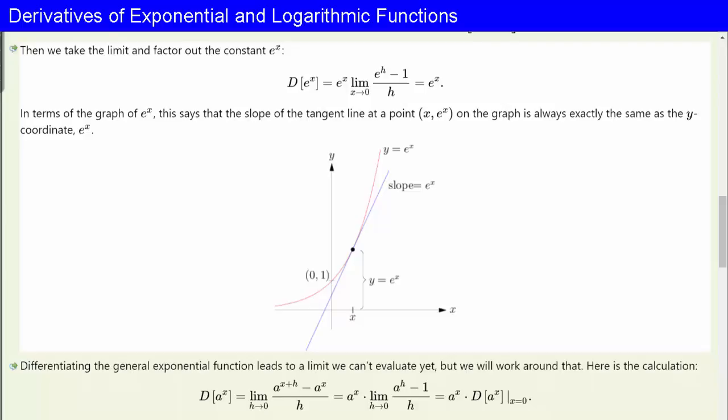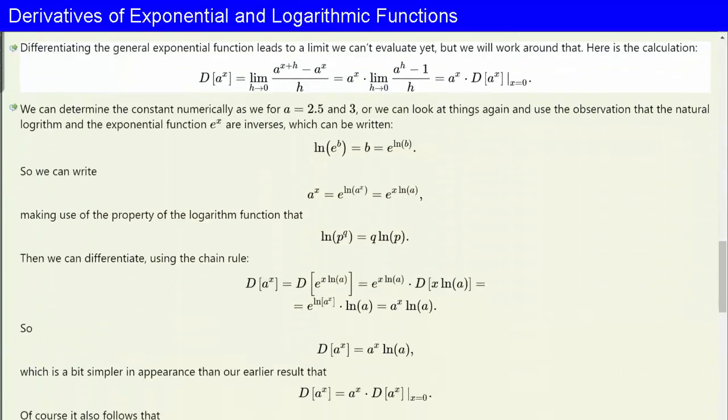So we have the somewhat surprising result that for f of x equals e to the x, f prime of x is exactly f of x. In terms of the graph of e to the x, this says that the slope of the tangent line at the point (x, e to the x) on the graph is always exactly the same as the y-coordinate e to the x.